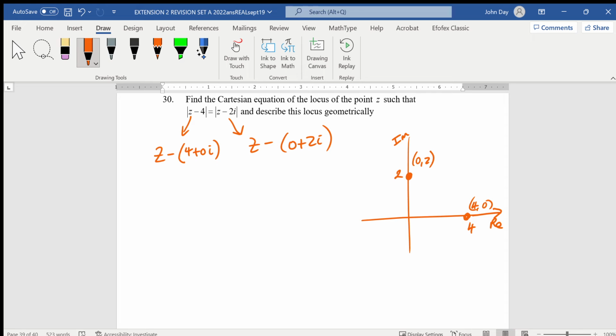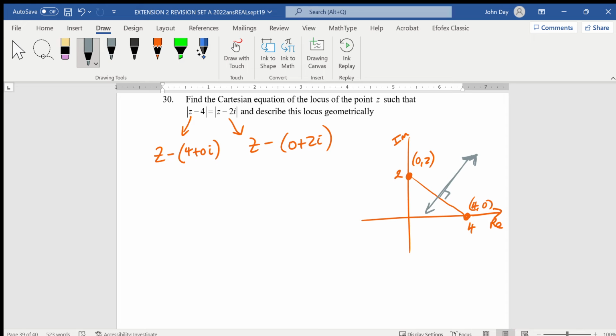And anything that is the same distance from each of those is going to be on the perpendicular bisector of that. So wherever that is, it's going to lie on that line that runs perpendicular to the joining interval from those 2 points.